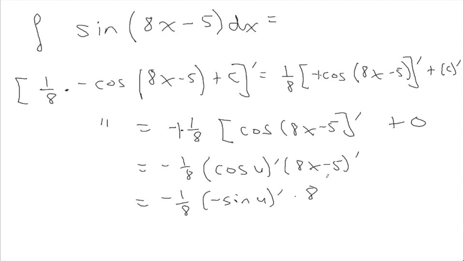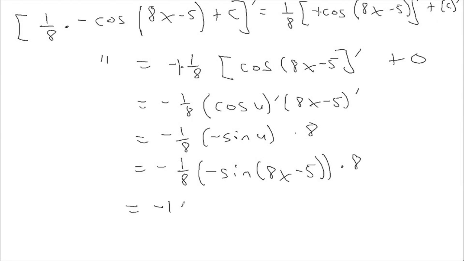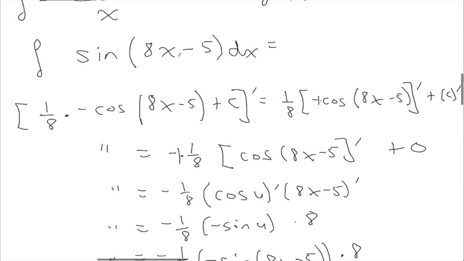Just 8. Can you see how we can simplify this expression now? We can simplify this as -1 times negative sine of 8x minus 5, which is just sine of 8x minus 5. Which confirms that we did this correctly.